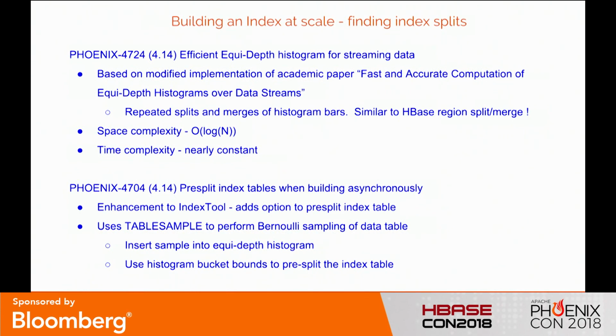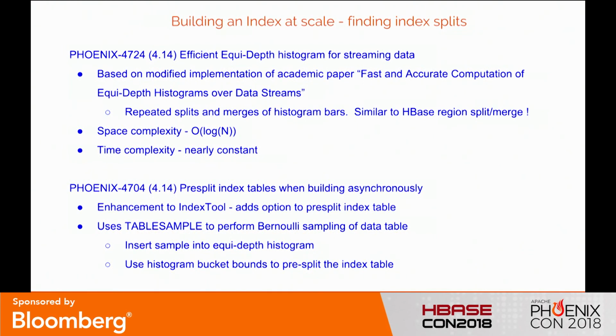We added a feature to the index tool, which is the thing that creates the MapReduce job to rebuild your index. And we use a table sample feature, which is also a relatively new feature. Table sample lets you do a Bernoulli sampling of your data table.